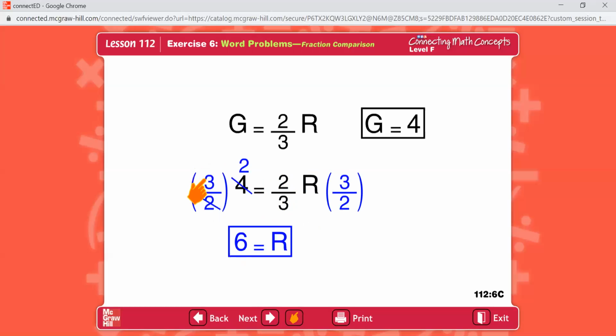So your new equation is 3/2 times 4. 4 would be over 1. 4 and 2 can both go into 2. 4 divided by 2 is 2. 2 divided by 2 is 1. So 3/2 times 4 over 1 is 3 halves times 2 over 1, which is 6 over 1, or 6. 6 equals R.